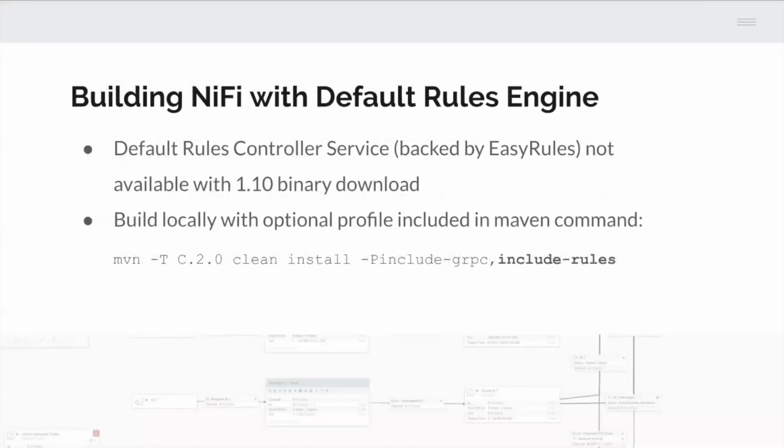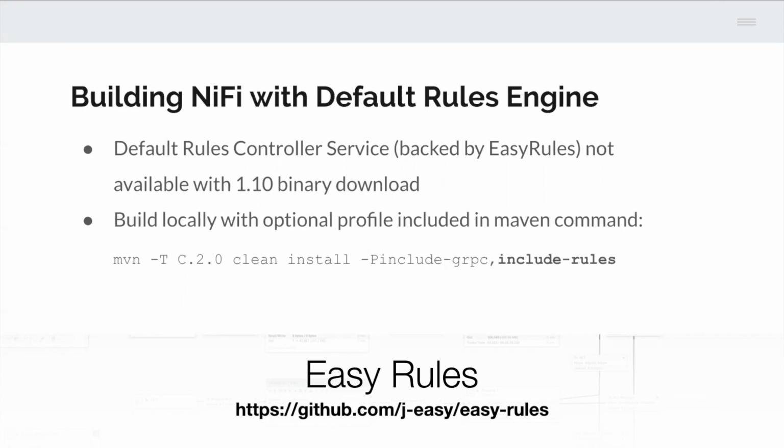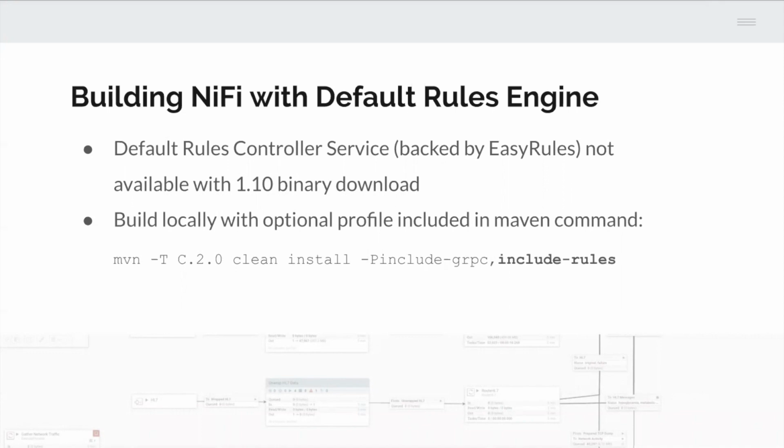All right, so I mentioned this at the top where I said, here are the things we're going to go through. One of the important things with the Rules API is that the default implementation of the rules engine, which is backed by EasyRules, there's a link right below that shows you how to find out more about EasyRules. But that default implementation is not part of the binary download for NiFi.